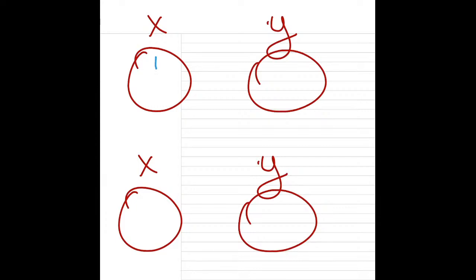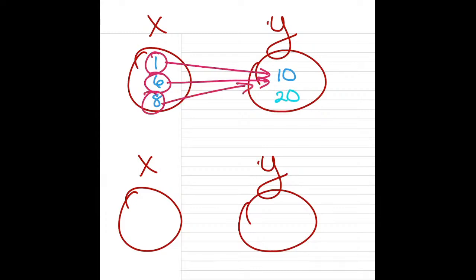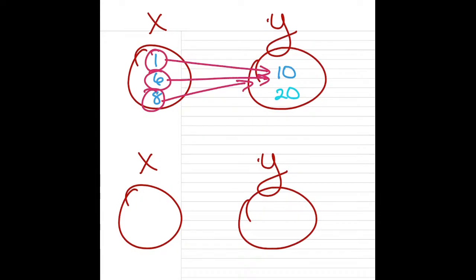So fine, 1, 6, 8. Let's put a 10 in here. And let's have these guys. Here, let's put another choice in here. Let's have all these guys point to this one. Alright?